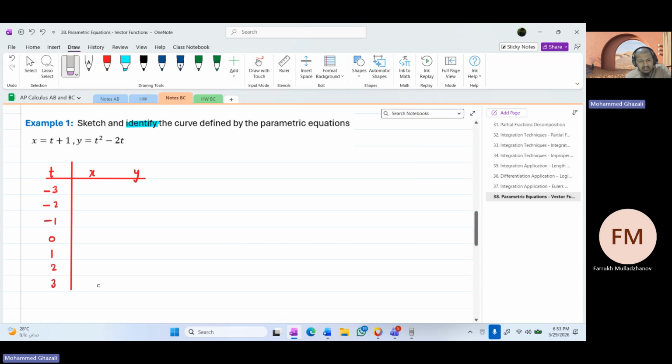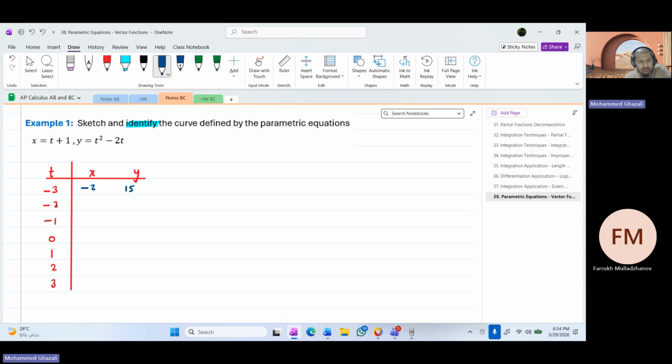I don't usually take so many points. I just usually go from -2 to 2. Anyways, let's check. If the value of T is -3, that's -3 plus 1, which is -2, and 9 plus 6, which is 15. So you have a coordinate, -2, 15.